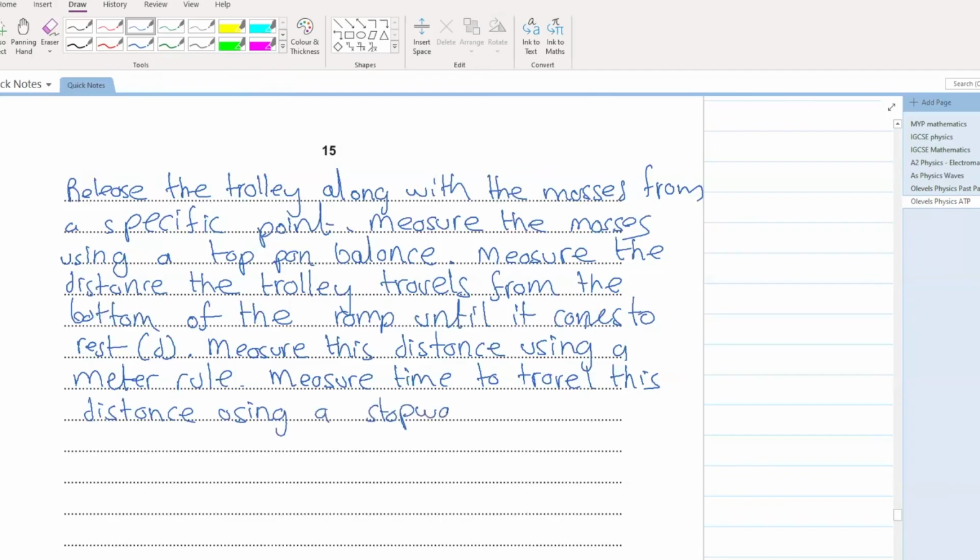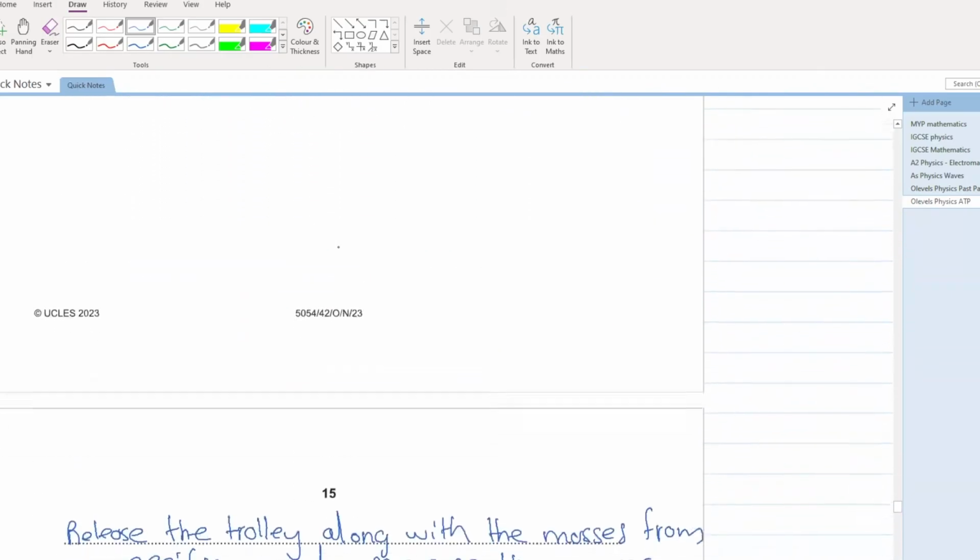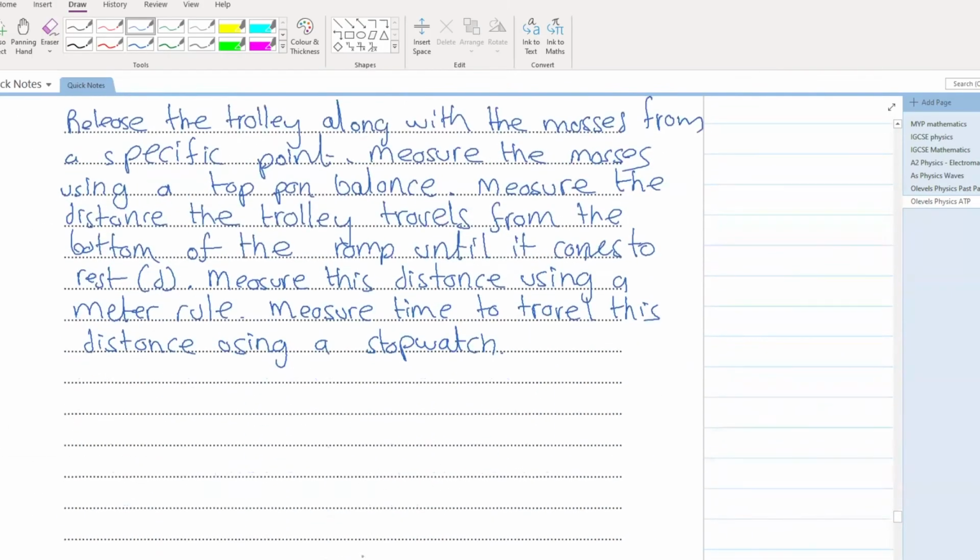Perfect. Nothing complicated here. Now, do you remember whenever you are explaining an experiment, you always write one thing? You will say, repeat the experiment with different masses added onto the trolley.